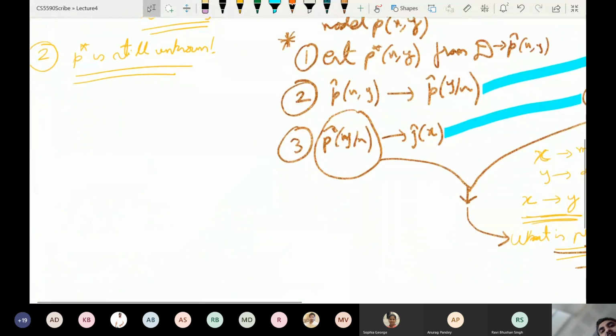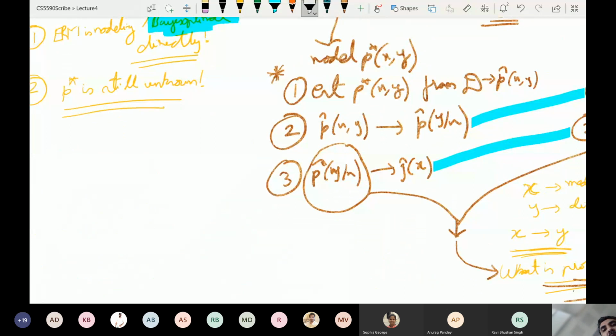Okay, so now let's focus on this problem for some time. Given a data set, a set of samples from a distribution, how do I estimate the distribution? Once I understand how to solve this problem, then we will also give examples of this step.